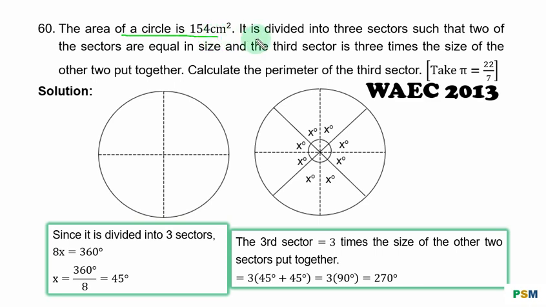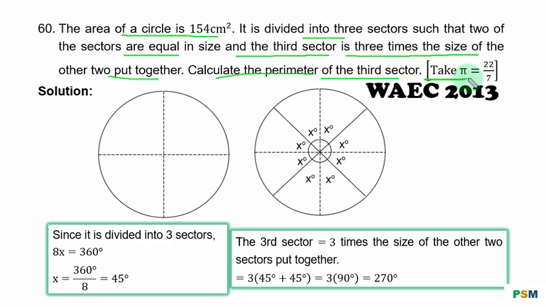It is divided into 3 sectors such that 2 of the sectors are equal in size, and the third sector is 3 times the size of the other 2 put together. Calculate the perimeter of the third sector.